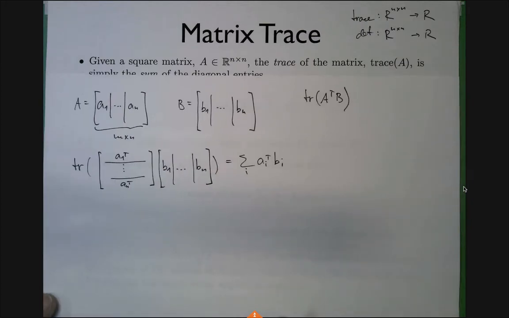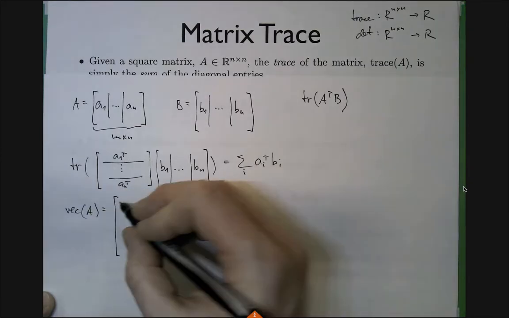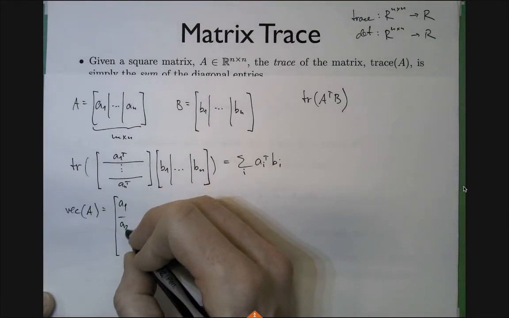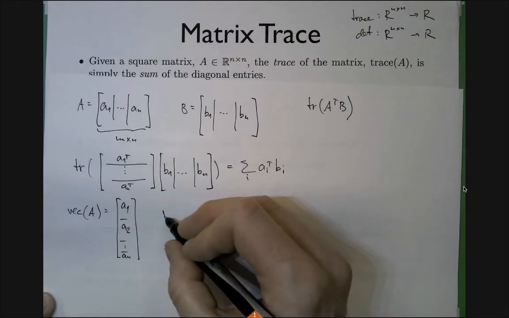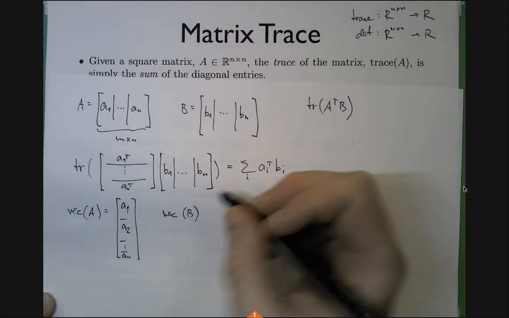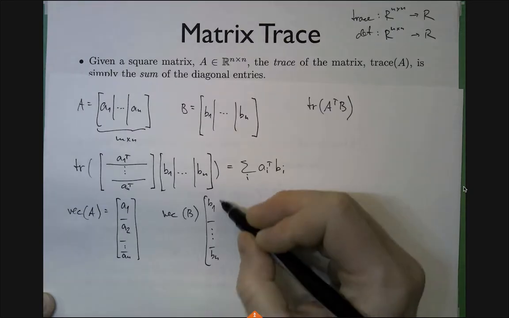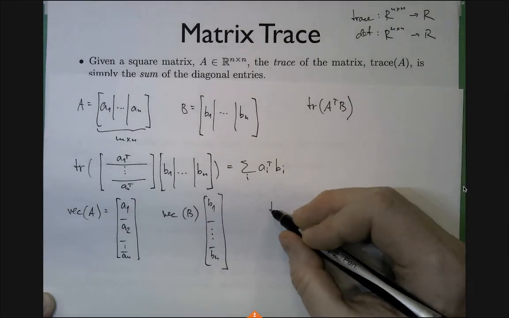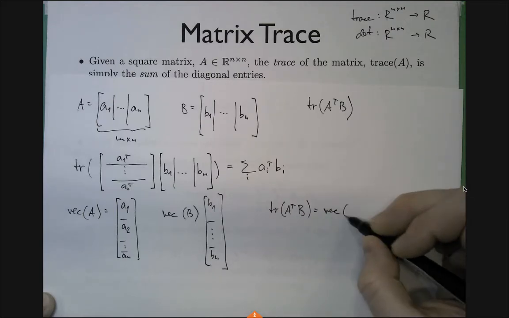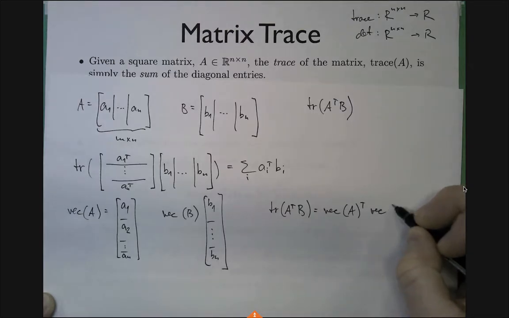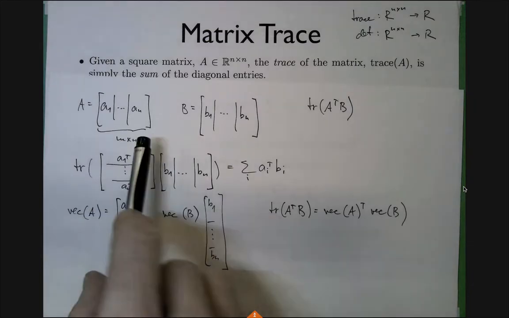Yeah, I did. If I unroll the matrix A, taking the columns and stacking them into one gigantic column vector, and do the same for matrix B, B1 to Bn, then the trace of A^T B is nothing but the dot product of the vectorized versions of them. So it's basically like a dot product on matrices.